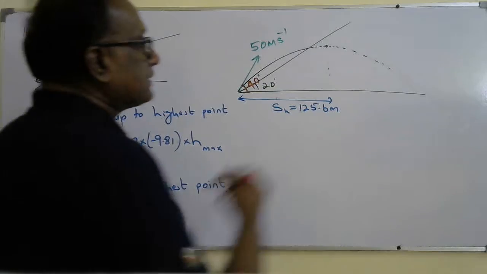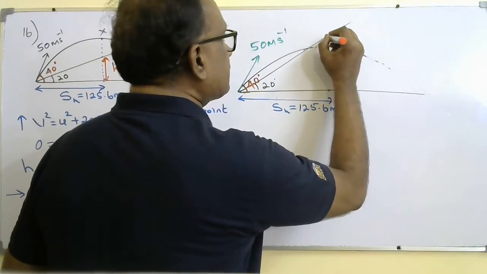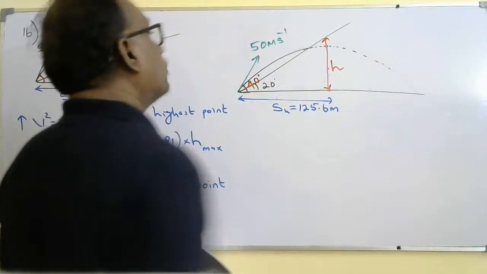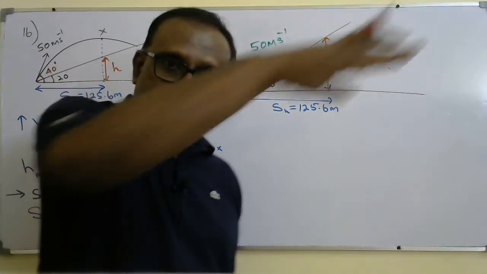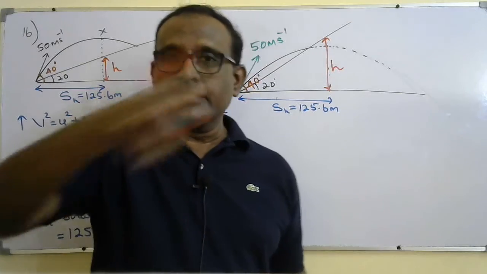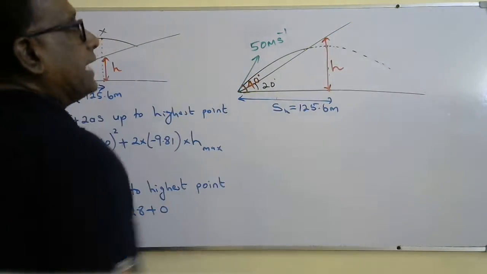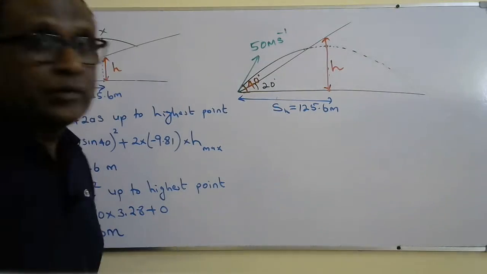What could be the h? So we are going to find this h, the height of the mountain. The side is a straight line. They say the side of the mountain is a straight line like a slope. What is the h? We are going to compare that h with the maximum height.